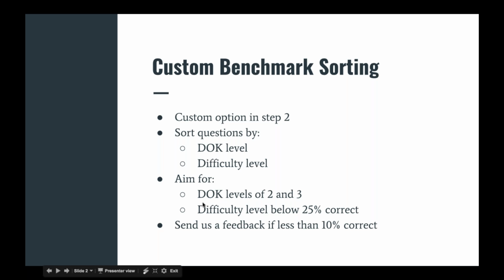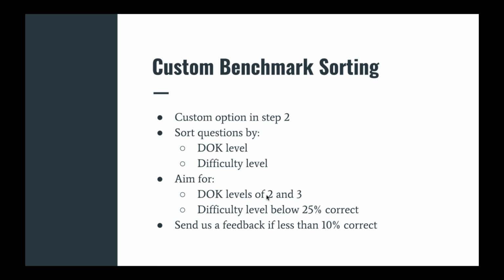So when you're creating a benchmark, it's best to try and stick with DOK levels of 2 and 3 if you're trying to get more rigorous. Avoid the DOK level 1s, which are going to be easier. And then also you'll want to look at difficulty level below 25% correct.